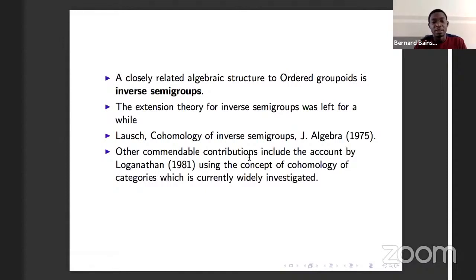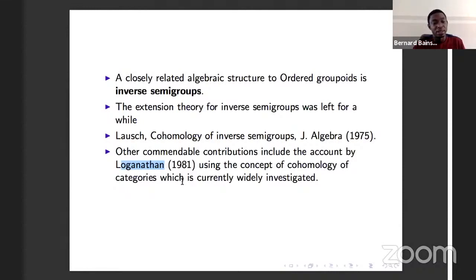the paper that motivated our discussion was that of Lausch. He developed an extension theory for inverse semigroups using the cohomology of inverse semigroups. He used the factor set approach, and that is not what I will be using. What I'll be using is essentially an account by Loganathan, which uses the cohomology theory of categories.